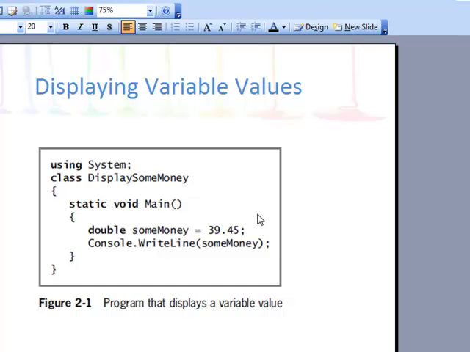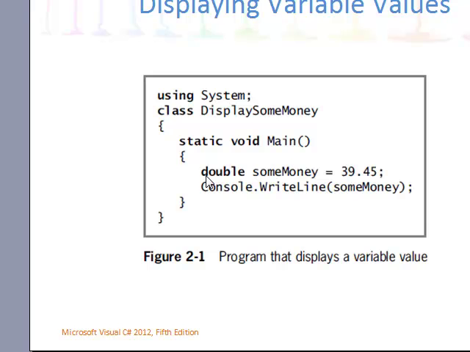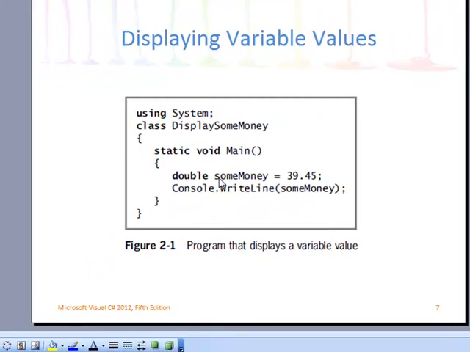So let's go ahead and take a look at some of the examples of variables and how we can write those. So a double value, what it does is it blocks out a location in the computer's memory, and in this case we give it the name some money, and only values which are double, in other words values which have a decimal value, can be assigned to that memory location.